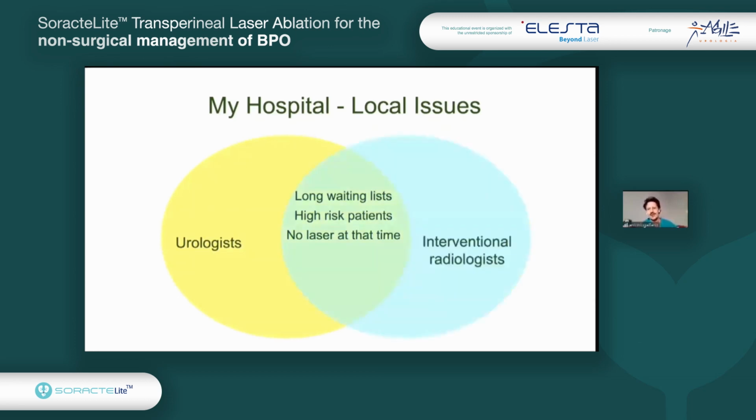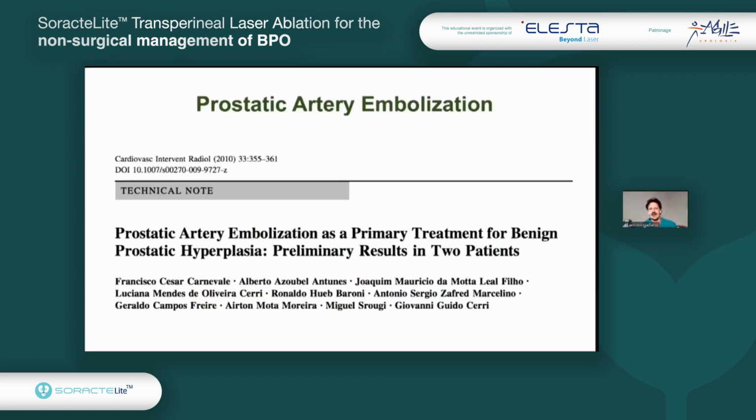And the interventional radiologists were great friends. We work in two rooms that are bordering. So we were always talking about common problems, and we started this collaboration.